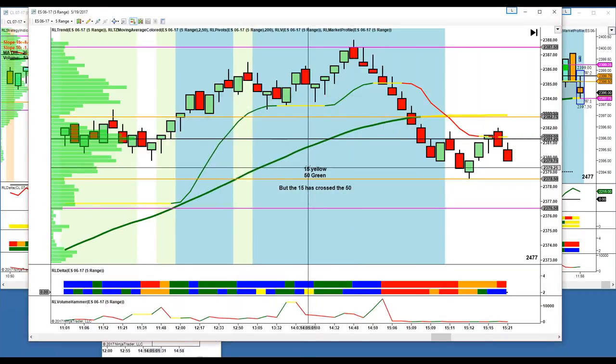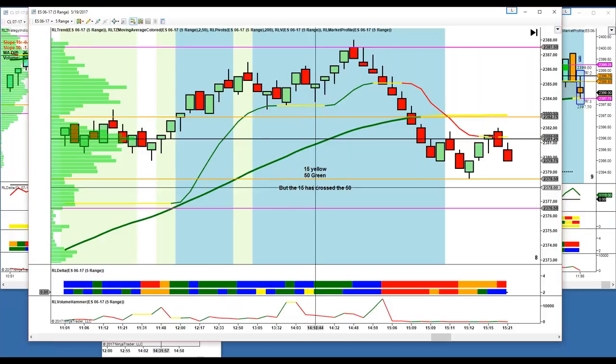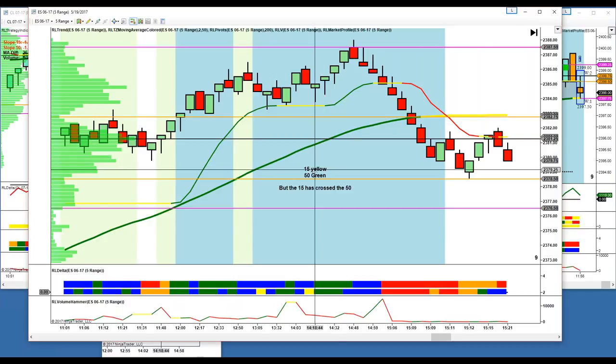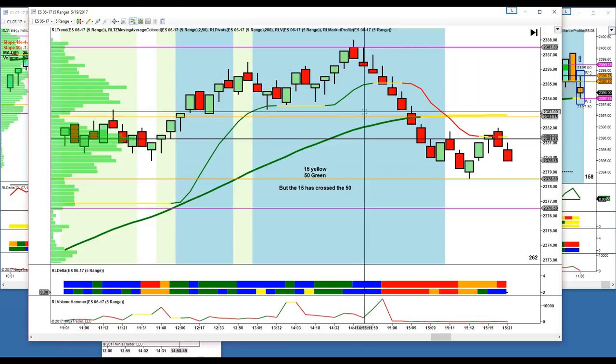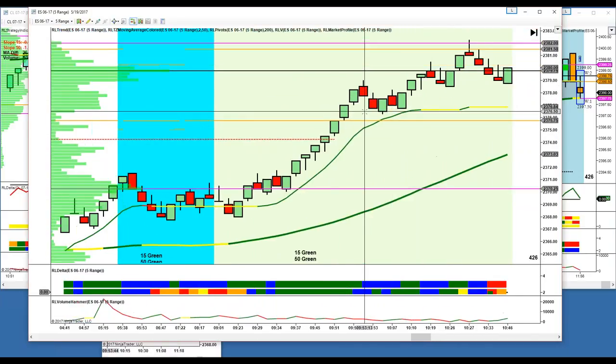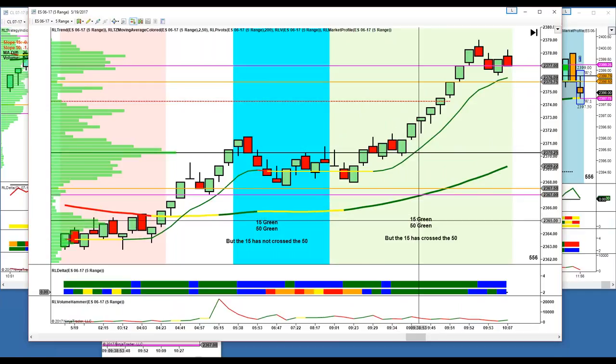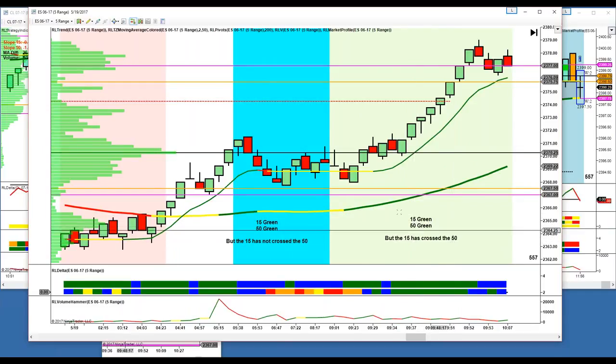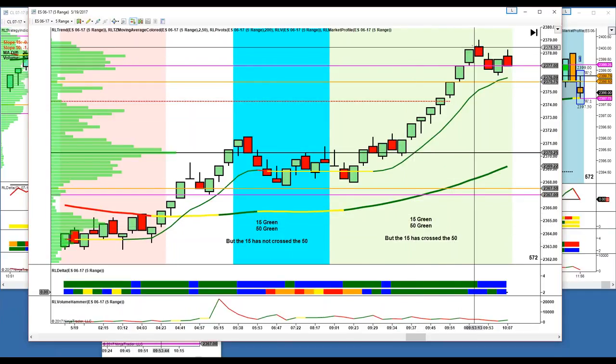Here you're trading with variable long-term momentum, potentially not with you. But the 15's crossed the 50 to the upside, the 15's green, but your 15 is yellow. The market is not trending to the upside as well as you'd like it, but clearly your bias is absolutely to the long side. Here, the 15 and 50 is green, and the 15 has crossed the 50. You want that trade.